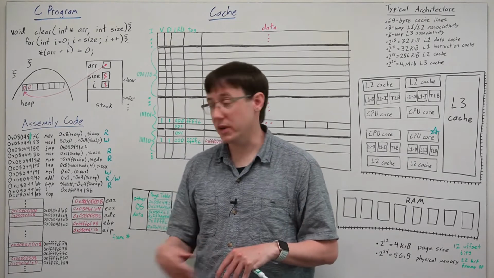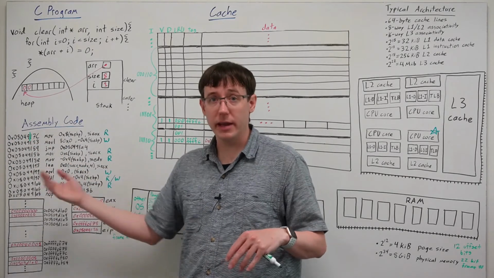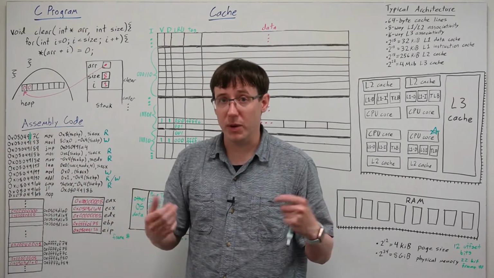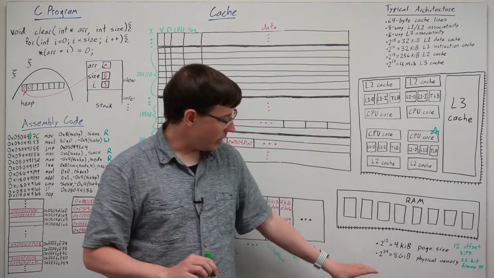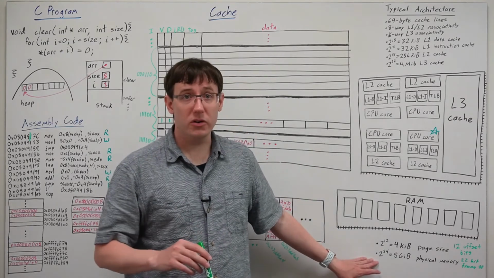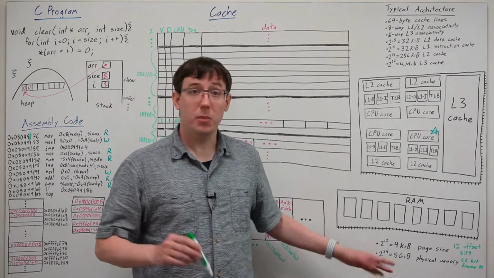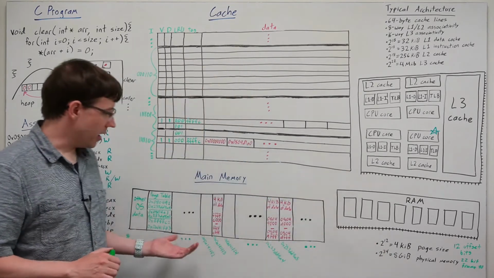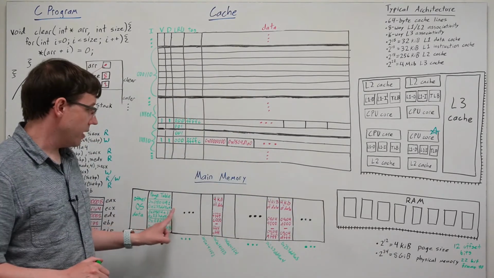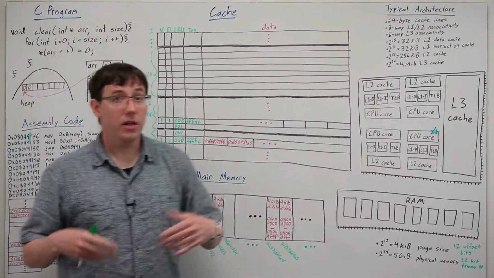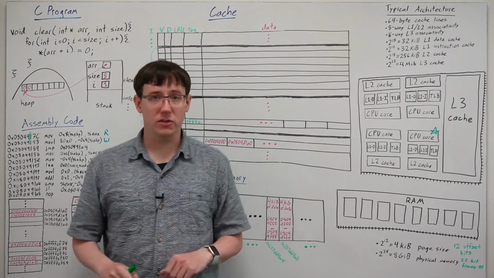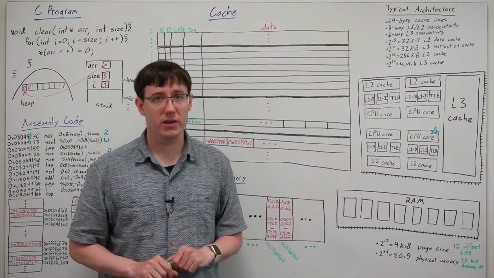Of note, since I'm using IA32 for the assembly, the program's virtual address space is only 2 to the 32 addresses, and we have 4 times that much physical memory. But that's entirely okay, because the operating system can keep track in the page table and map our 32-bit virtual addresses into 34-bit physical addresses.